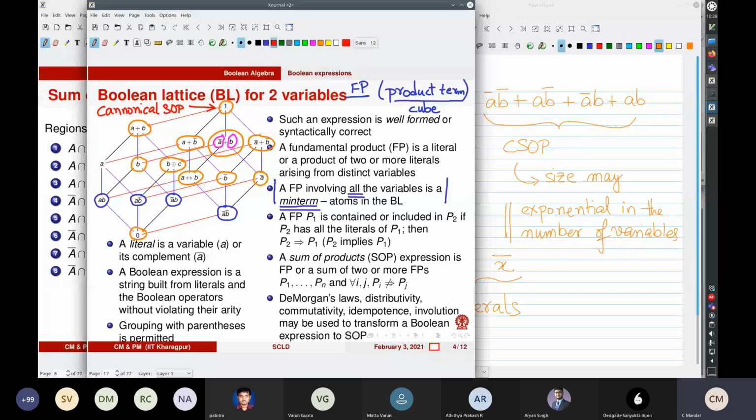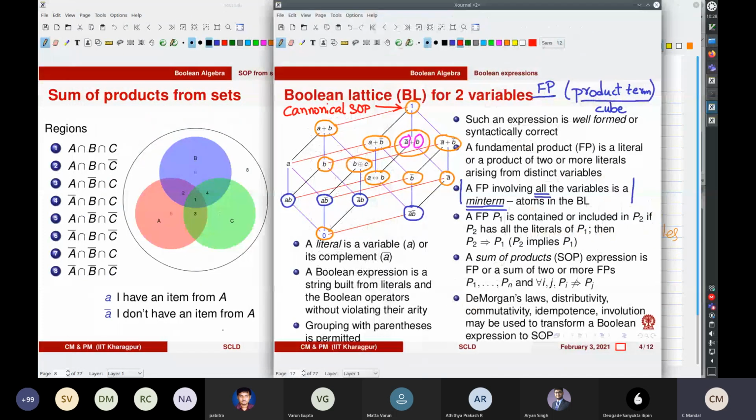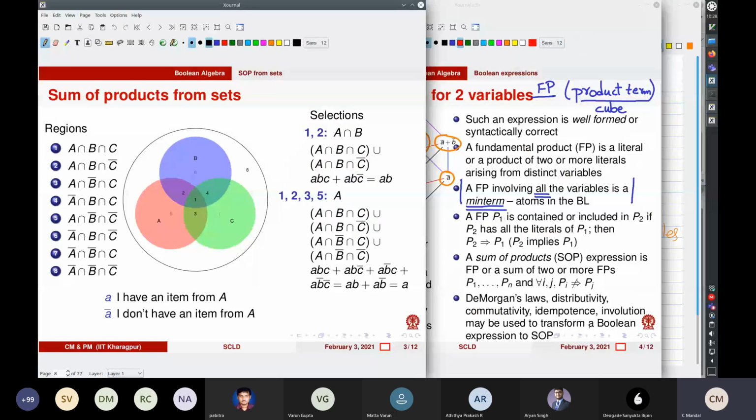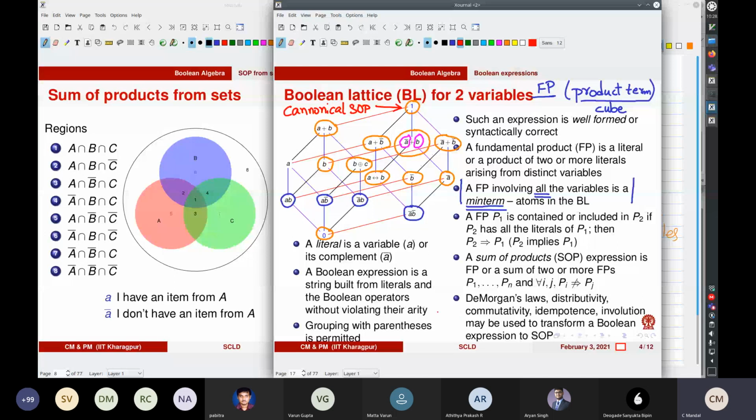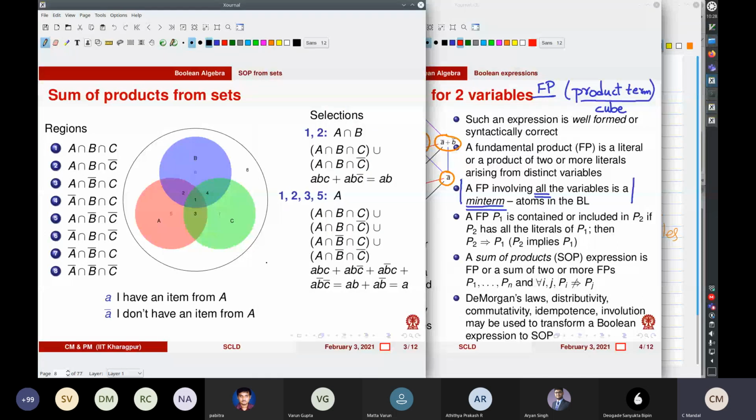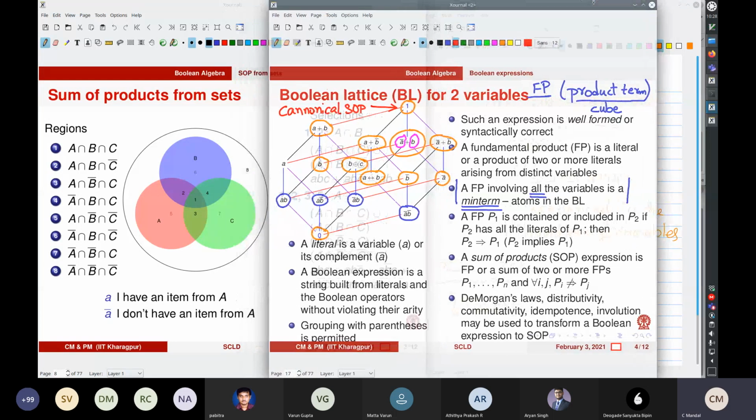And as I told you, the role of each variable is nicely depicted in this Venn diagram. So for this Boolean lattice with 4 atoms, can you draw the corresponding Venn diagram?